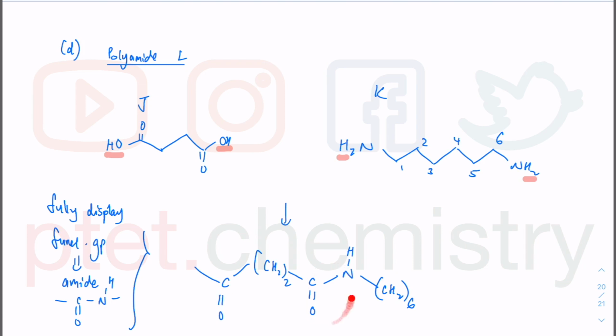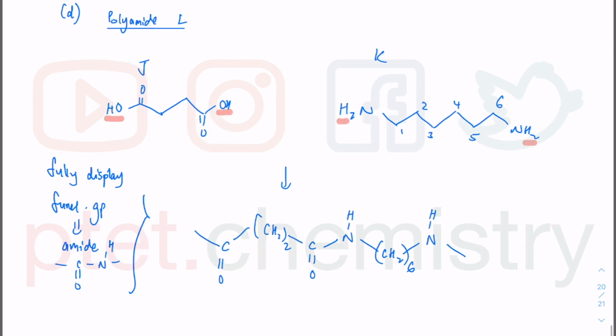There's the display of the amide unit, and the CH2 is also then combined to another NH, and that continues on and on. So this is polymer L, and I have fully displayed the amide unit, the amide linkage.